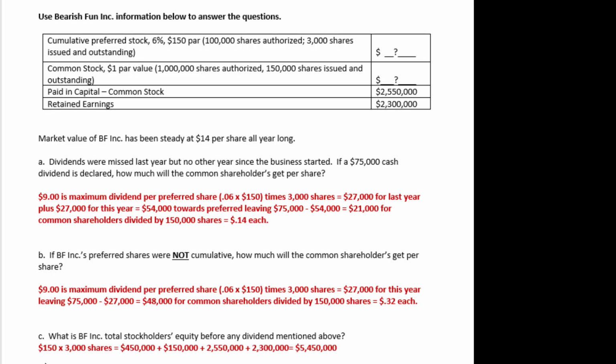The first spot is the 150 par times the 3,000 shares issued, so we get 450,000. The next spot is the dollar par times 150,000 issued, and then the 2,550,000 and the 2,000,003. Add those four things up, and there is your total equity before the dividend is declared.